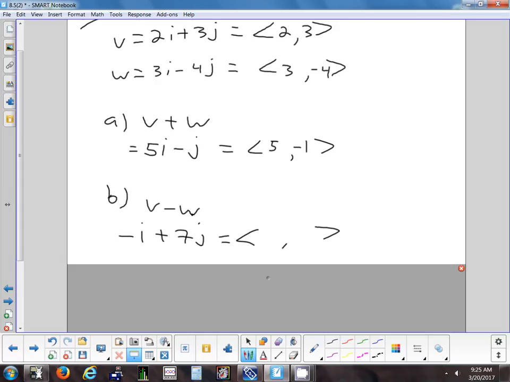Negative 1. Yeah, negative 1. We didn't write it with ij notation, but you do have to write it if you're going to use the angle brackets. And then the vertical component, 7. So when we write it with angle brackets, we don't use any letters. Just two numbers between the brackets with a comma. Okay, any question on adding or subtracting?